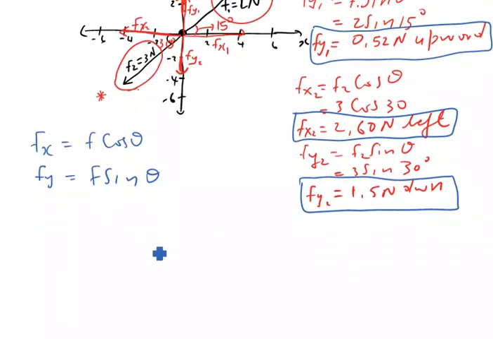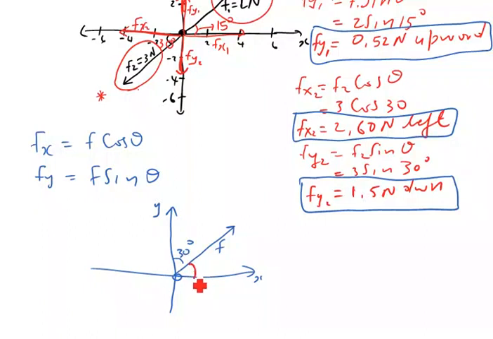Make sure that the angle is measured from the x-axis. This is the y-axis, this is the x-axis. The angle must always be between the x-axis and the force. This is the force. Let's say the angle is given here as 30. This is not the angle that we use. We use the angle that is between the x-axis and the force, which means you must determine this angle.